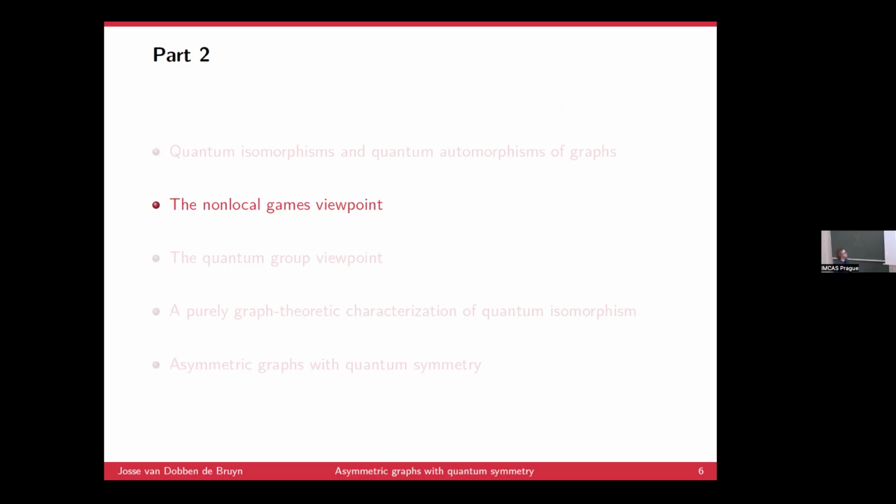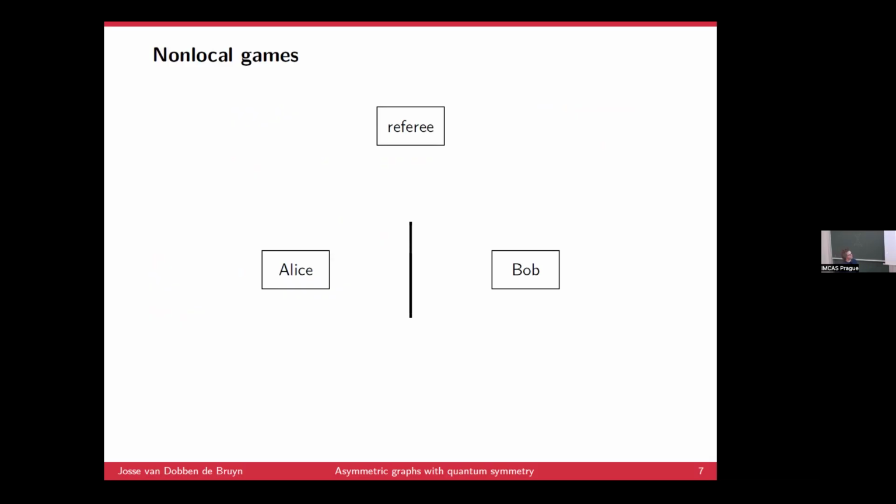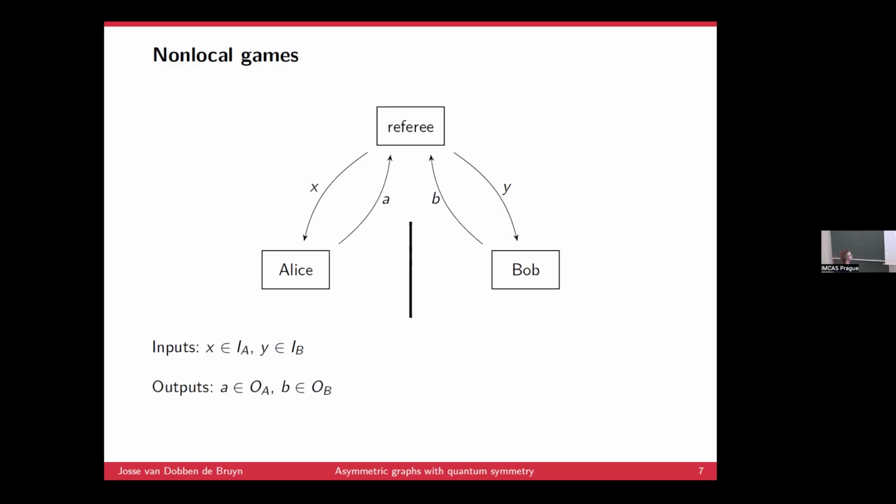So we start with the quantum information theory viewpoint, so non-local games. A non-local game is an information theoretic procedure where Alice and Bob play a game with the referee, and they need to convince the referee of something. The referee will send questions X and Y to Alice and Bob, and they respond with answers A and B. And there is some winning predicate for the game, some set of tuples of inputs and outputs that are correct, and the tuples that are not in that set are rejected, they're incorrect.